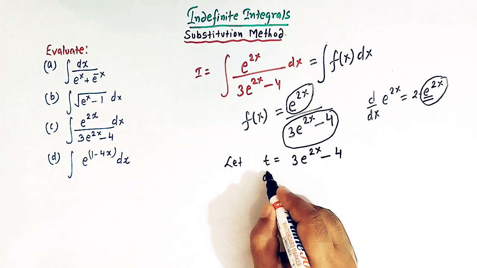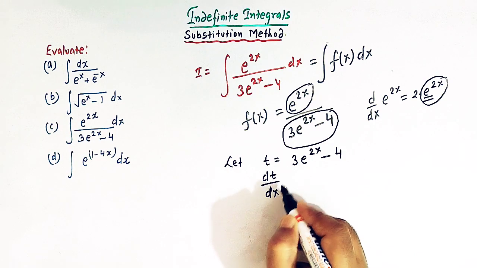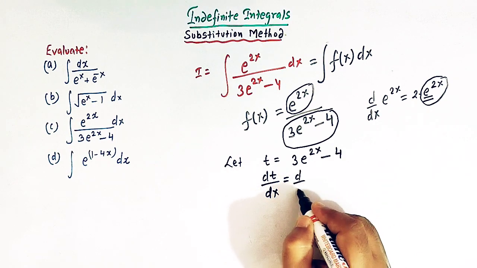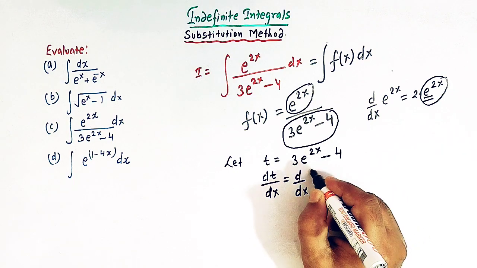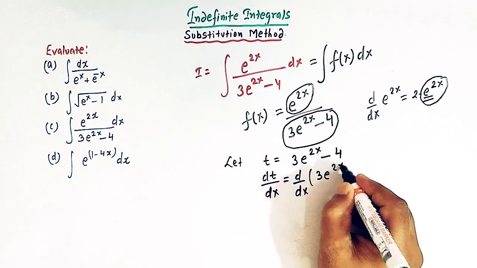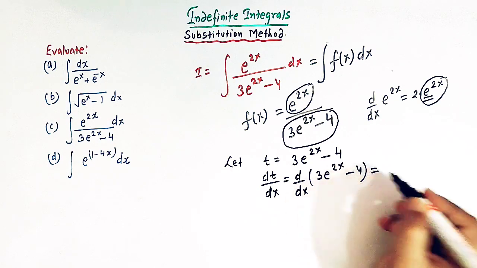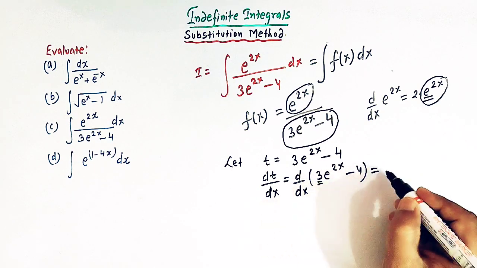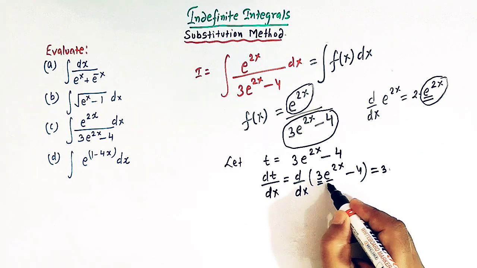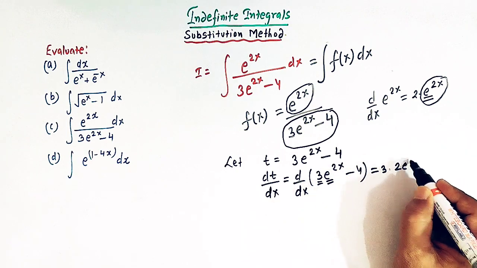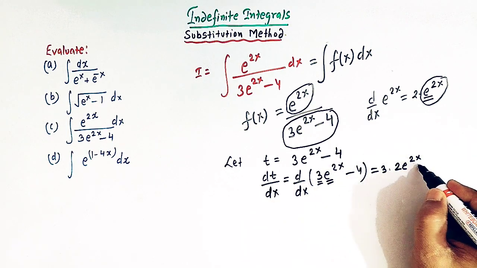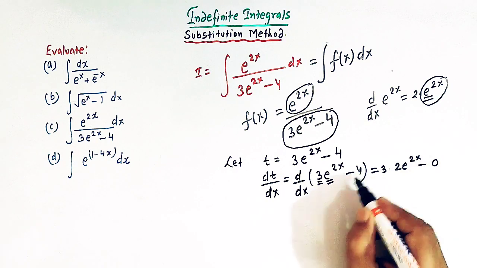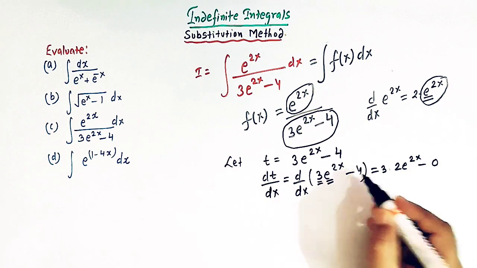Now let us differentiate both sides with respect to x. So we have d by dx of 3 e raised to 2x minus 4, and 3 is a constant. The derivative of e raised to 2x is 2 e raised to 2x, and the derivative of 4 with respect to x is 0, being a constant.